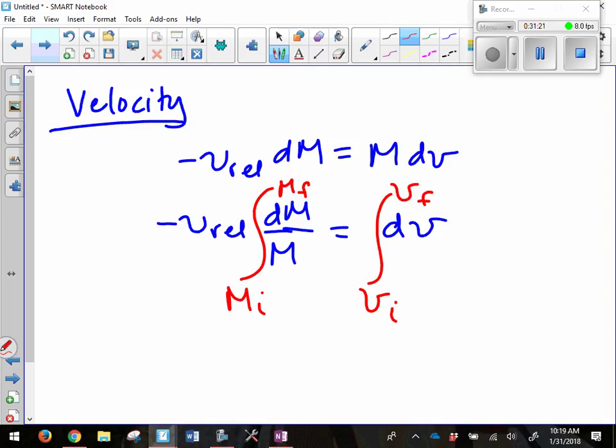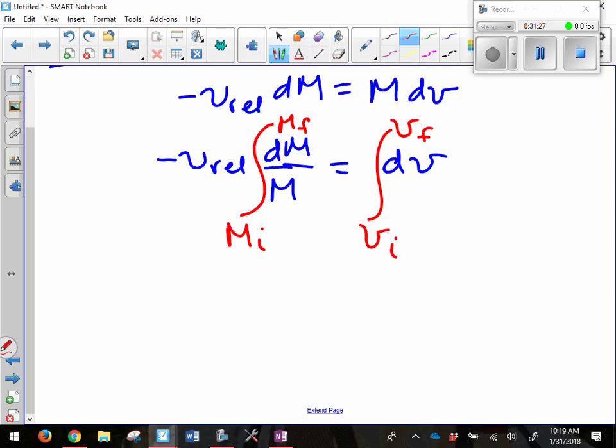Okay. And so, what's the antiderivative of dv going to be? What's the antiderivative of dx? X, because there's really that 1 hiding in there, which we really think of as like v to the 0.